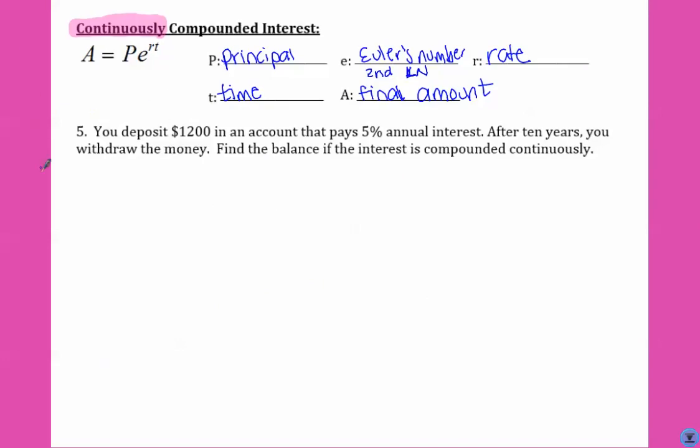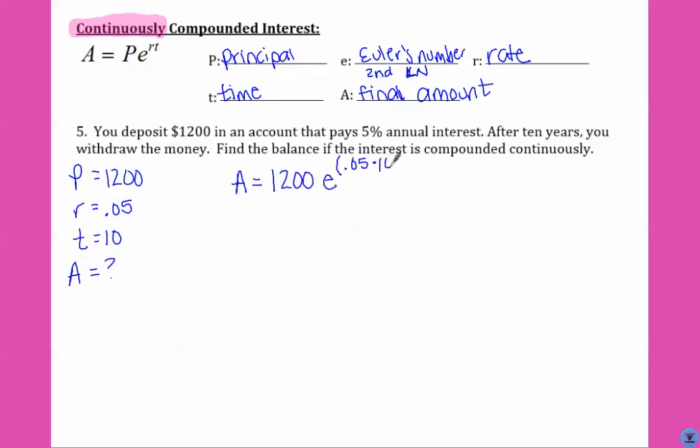All right, so if you deposit $1,200, so P is 1,200, into an account that pays 5%, R equals 0.05, after 10 years, so t is 10, what is the balance, so A, if the interest is compounded continuously? So A equals 1,200 e to the 0.05 times 10 power.